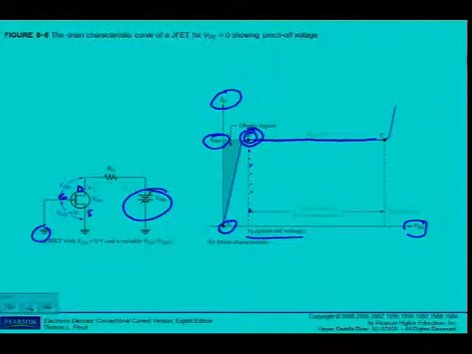This graph looks very similar to the BJT. Then of course I reach a point where it should not be operated, which is the breakdown point, and the current increases dramatically, and actually the device is in breakdown. But that is discussed in the next section with the heading breakdown.